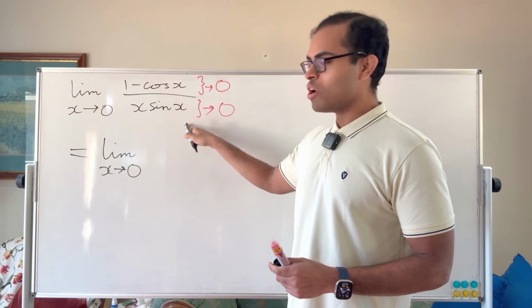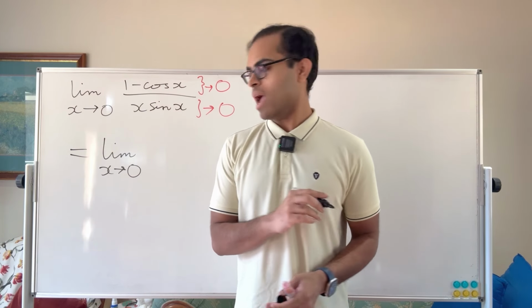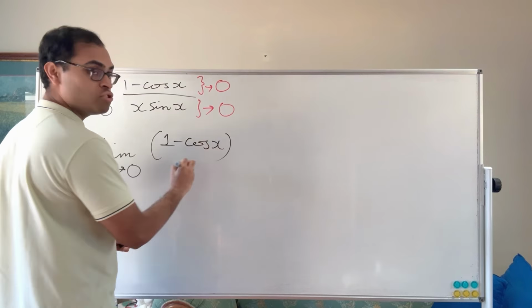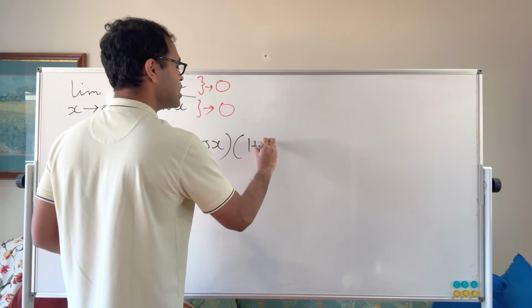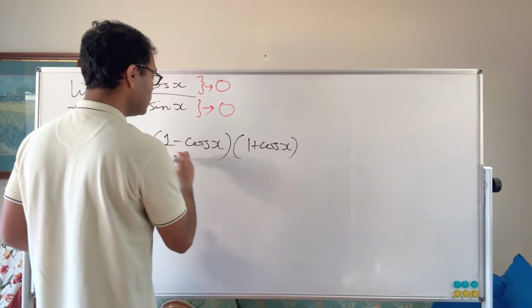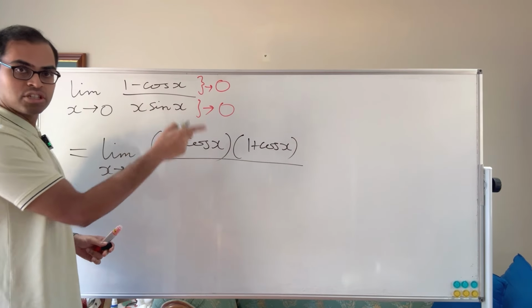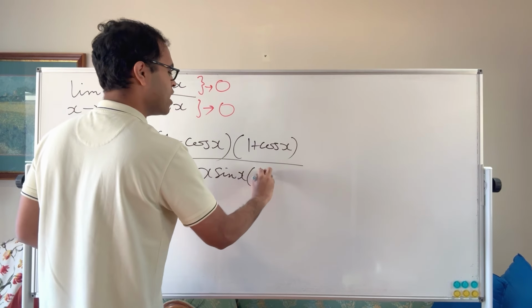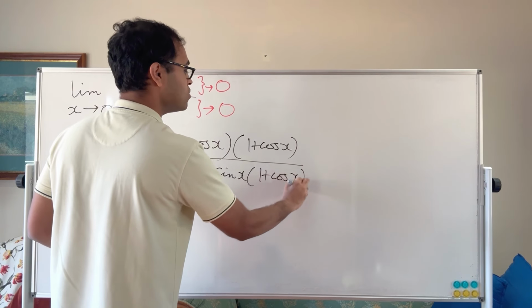So we're going to multiply top and bottom by 1 plus cosine x. What this does for us is we can use this famous trig identity, that sine squared x plus cosine squared x is 1, and use that to do some simplification. And you may ask, how do I know to multiply top and bottom by 1 plus cosine x?